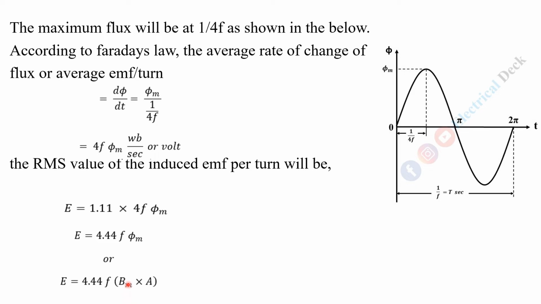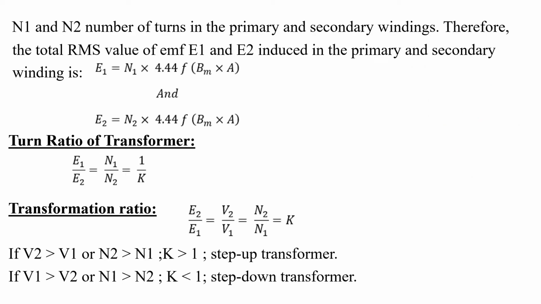Here phi m can be Bm into A, where Bm is the maximum flux density. If we consider the number of turns in the primary and secondary, N1 and N2, then the EMF induced in the primary side will be E1 equal to N1 into 4.44 phi m into F, and E2 will be equal to N2 into 4.44 F into phi m.